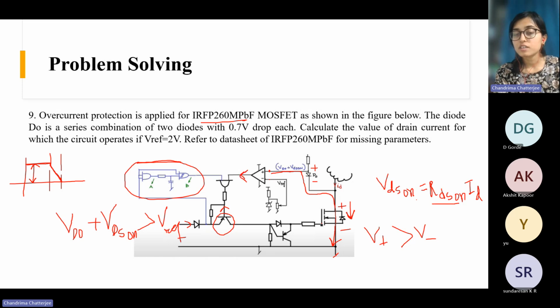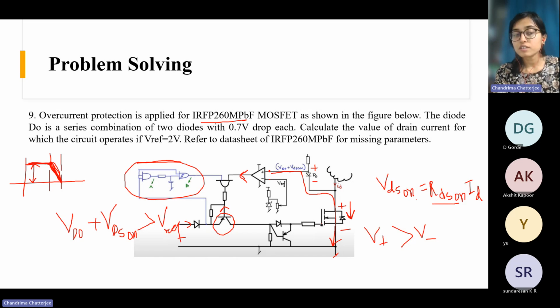Now, during this transition, you will have to disable this circuit for some time so that it can transition from this high value to the low value, right? Then you can again enable the desat protection circuit.